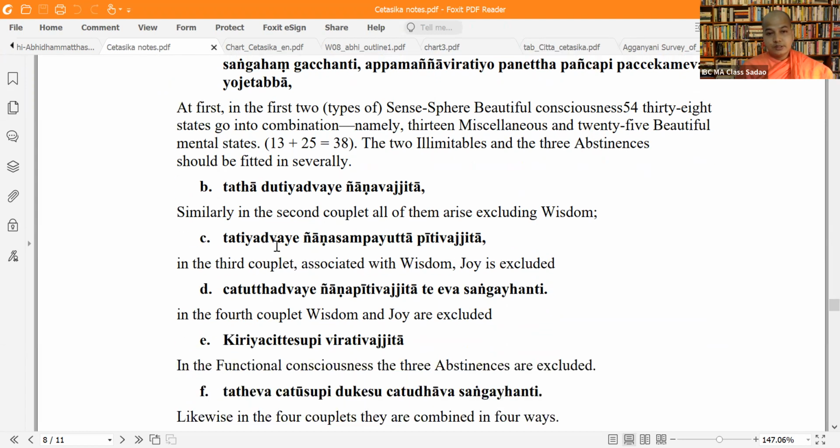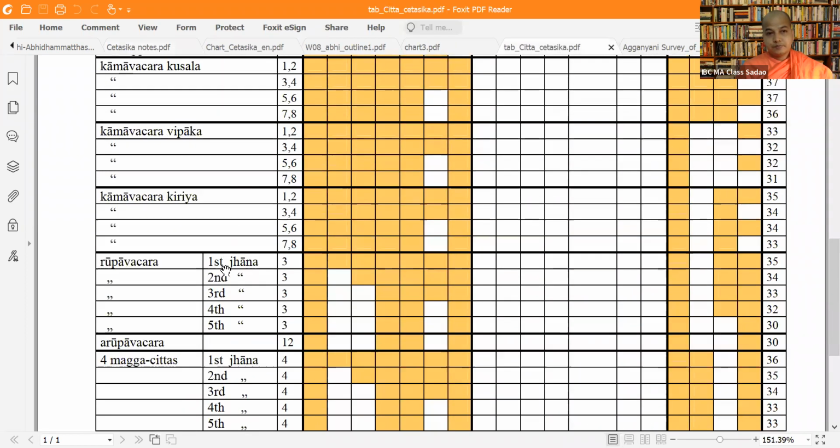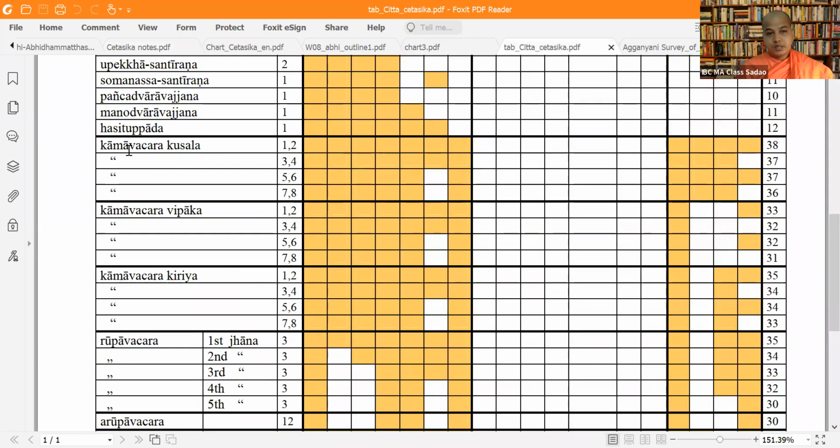So this is referring to the Kamavachara Kusala Chitta. Let's look at the Kamavachara Kusala Chitta. There are 2 chittas here.